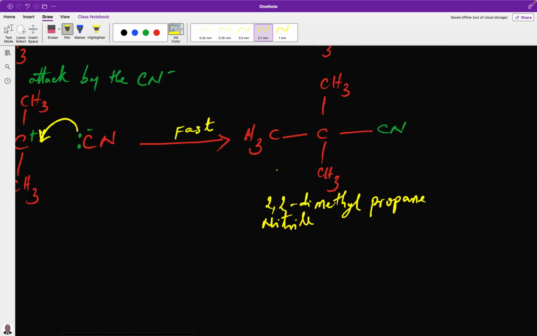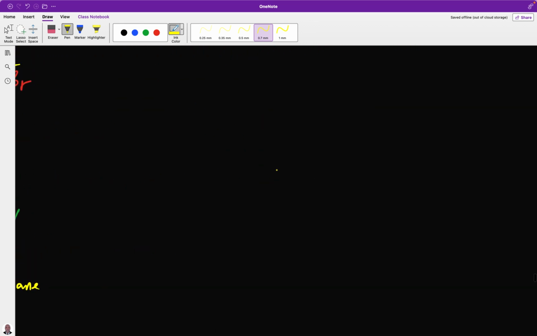This reaction can be represented in this form. I can summarize the reaction in this form. This is how we can summarize the reaction.